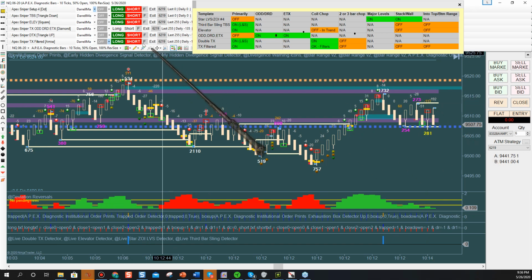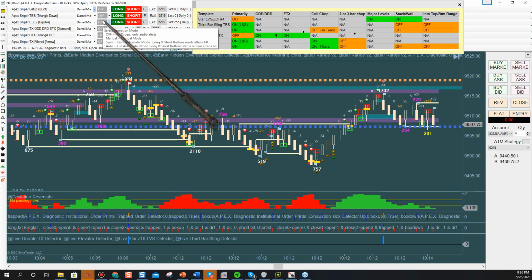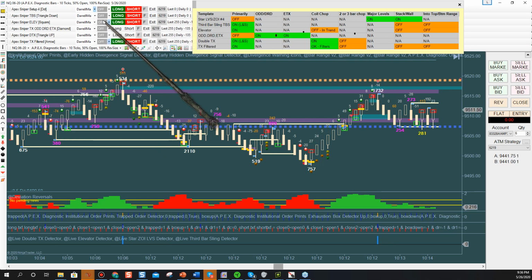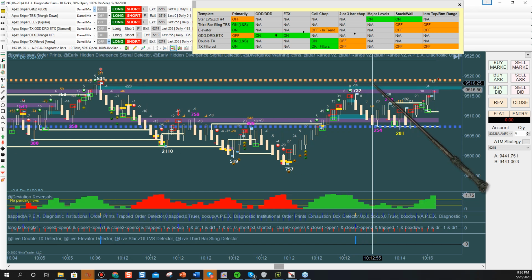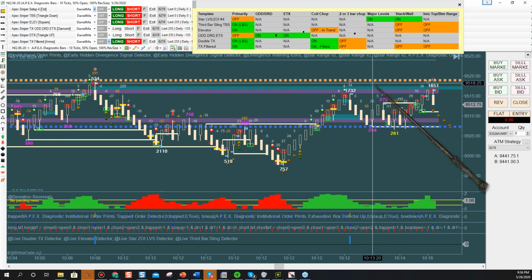2 to 3 bar coil chop. Turn off our double TXs. By the way, I called this number 4 in the room this morning because it was coming right off that crash. And it was a crash right next to a dynamic magnet. Got a little bit of OD right there.